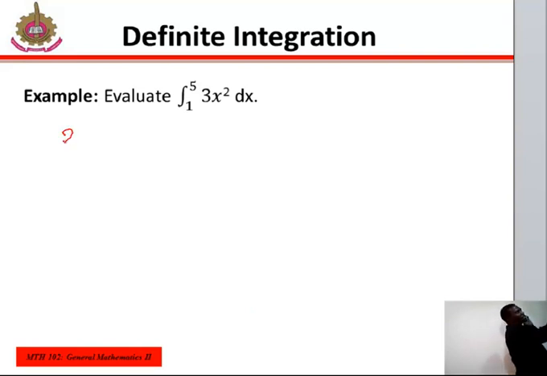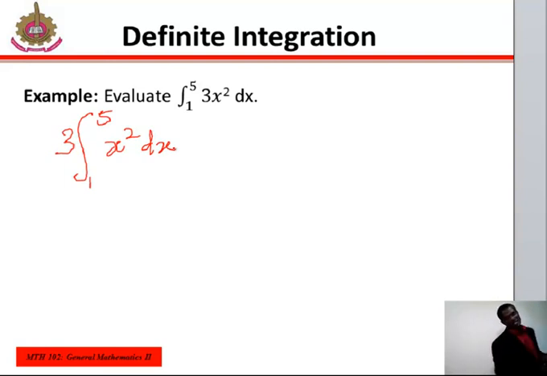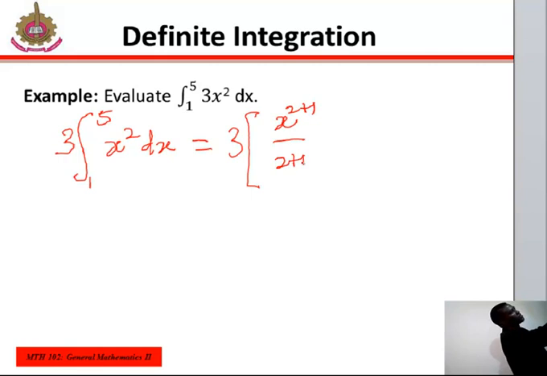Then we have something like this: 3 times the integral from 1 to 5 of x squared dx. Then we are going to integrate x squared. Then we have 3 times the integral of x squared, which will definitely give us x^(2+1) over 2+1.